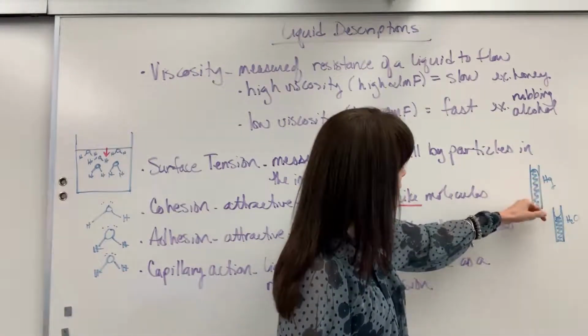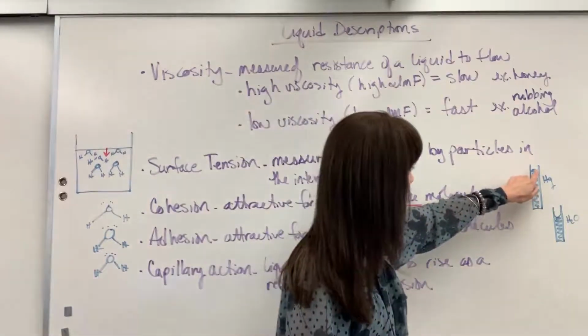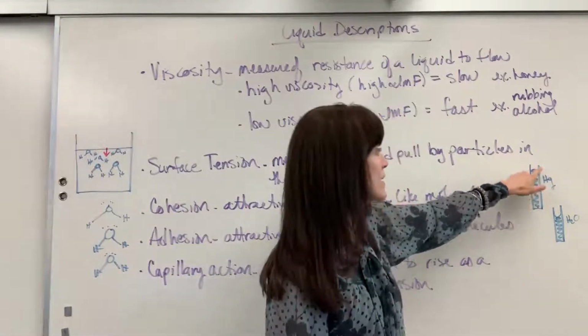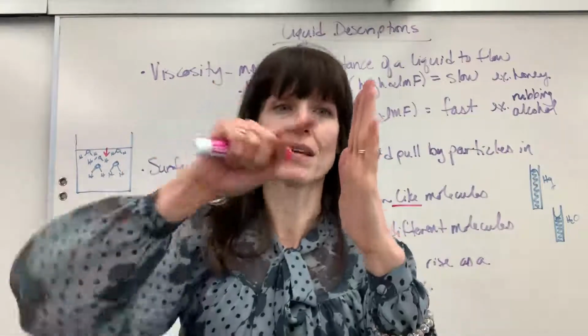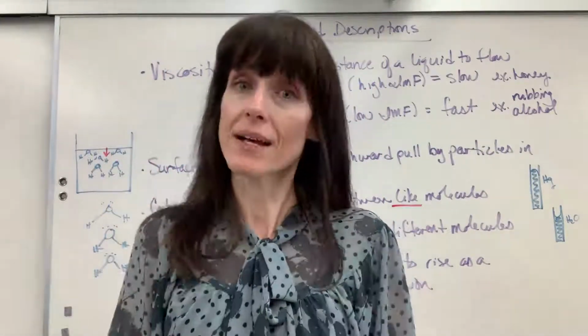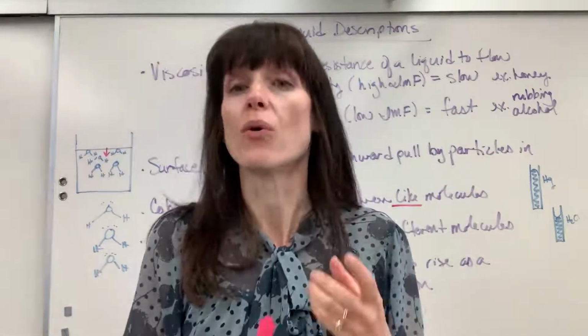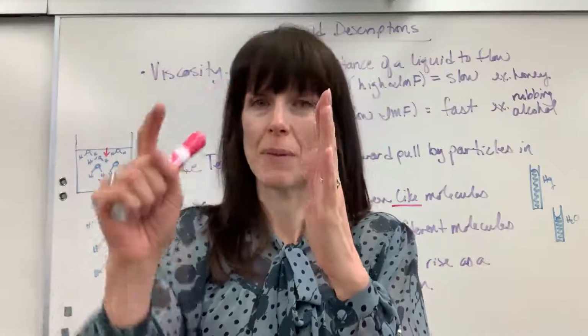It is a convex, it goes up. So you actually have the mercury higher than even touching the walls. So here are the walls, and the mercury is above it, like this. It's not even touching the walls. It makes this bubble because the mercury is attracting to itself. It's very cohesive, and it makes that bubble on the top.